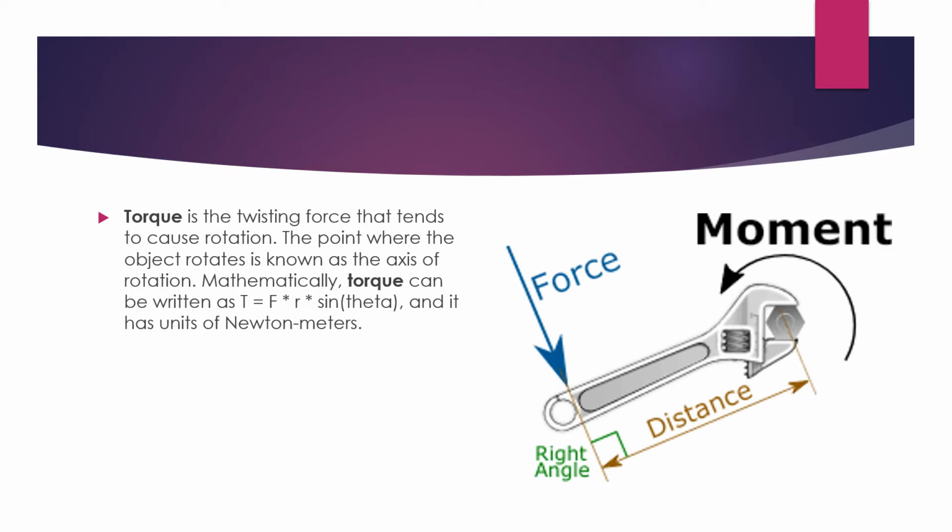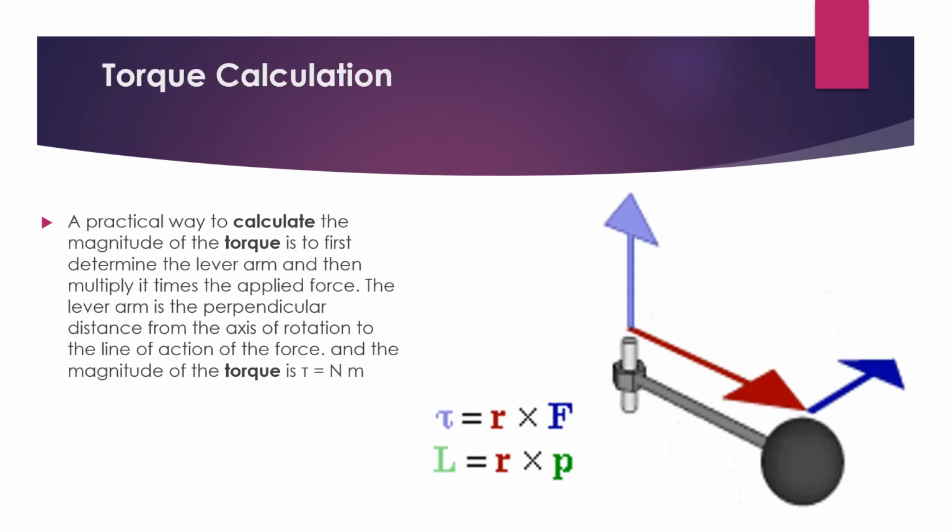The point where the object rotates is known as the axis. Mathematically, we can say that T is equal to F R sine theta. So what will be the unit of torque? It is Newton meters.